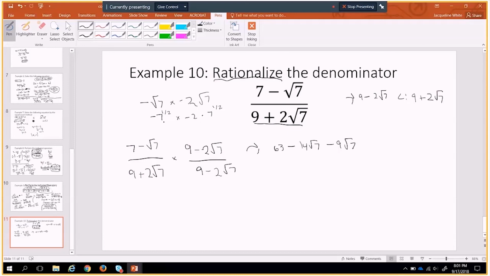Hopefully that dot registers. All right, we have the same bases here, so that means we can combine them. So we have a 7 to the 1/2 and a 7 to the 1/2. When we multiply exponents, we basically just add the exponents. So we have a 1/2 plus a 1/2. So that in turn is going to give you a minus 7 to the 1 times a minus 2. So that's going to be minus 7 times a minus 2. It's going to give you a lovely 14. So we have a plus 14 here.